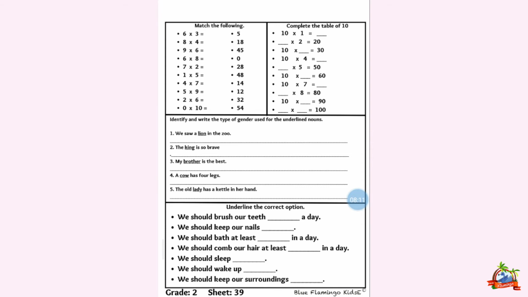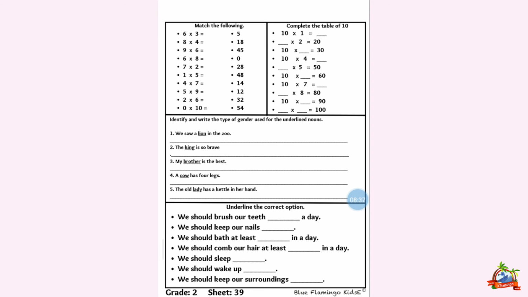Third is my brother is the best. मेरा भाई सबसे अच्छा है, best. तो what is brother? Brother is also masculine. M-A-S-C-U-L-I-N-E.